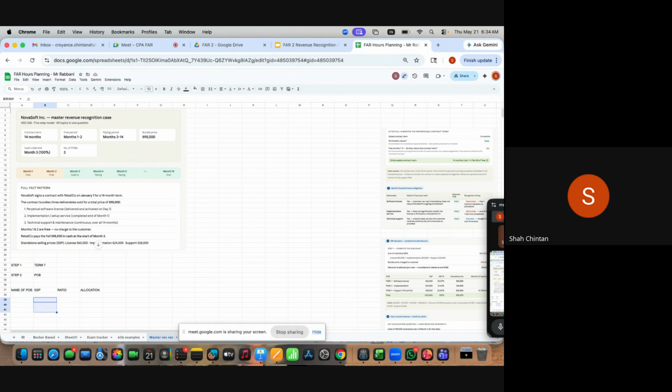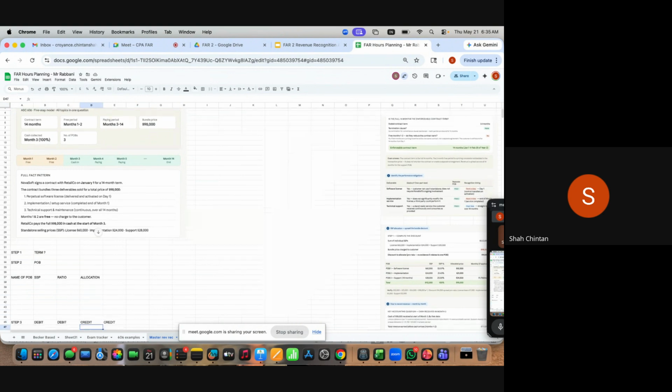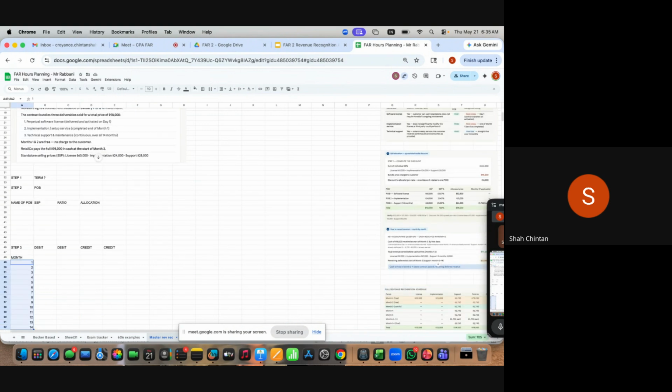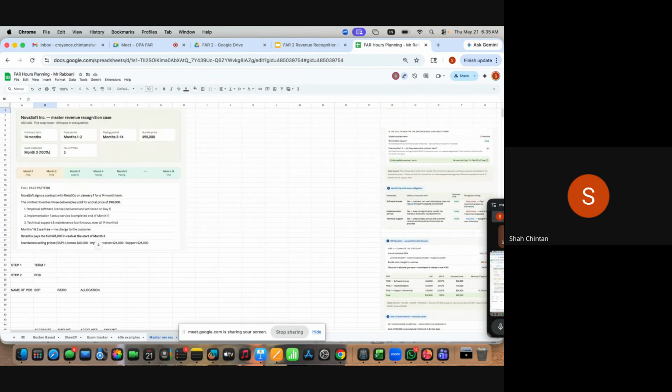Step number 3, आपको SSP दिया गया है, so just put SSP, do the ratio calculation and allocate the price. स्टेप नंबर 4, मंथ वाइज जर्नल एंट्री, यहाँ पर आप पहले अकाउंट्स सब डालोगे, what are the debits and accounts amount, same accounts and amount, month 1 से लेके 14 तक क्या एंट्रीज जाएगी if any. So over to you, fill this particular template.